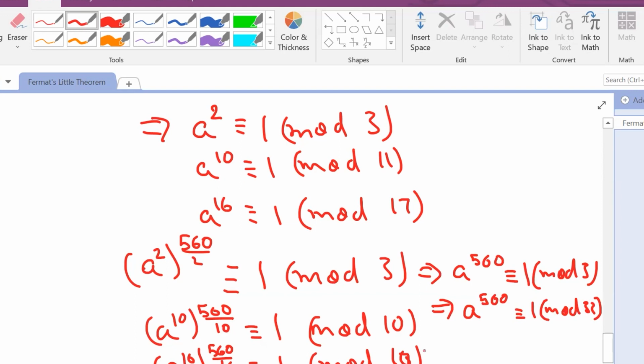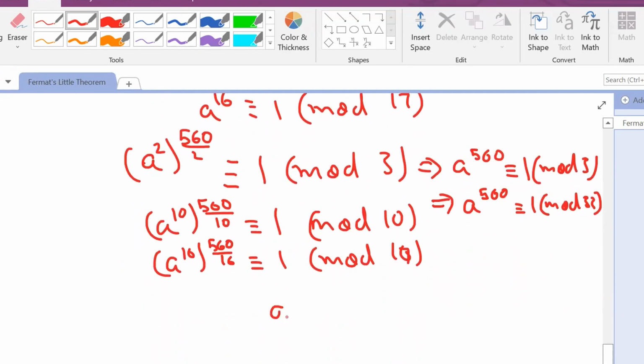Similarly, using the fact that a to the 560 is congruent to 1 mod 17, and that 17 does not divide 33, we finally have that a to the 560 is congruent to 1 mod 561.